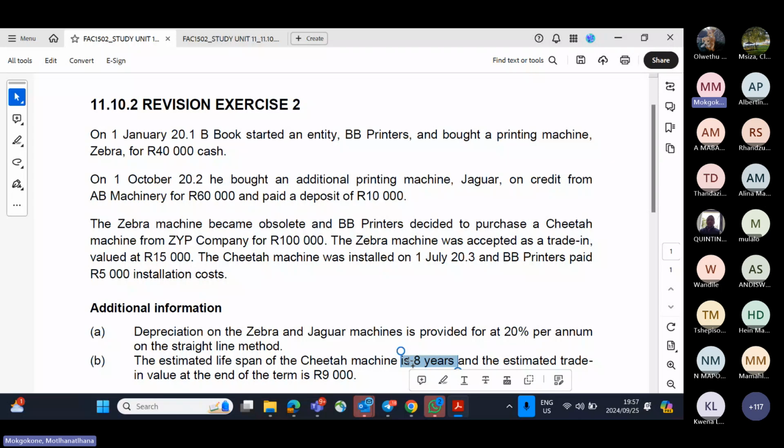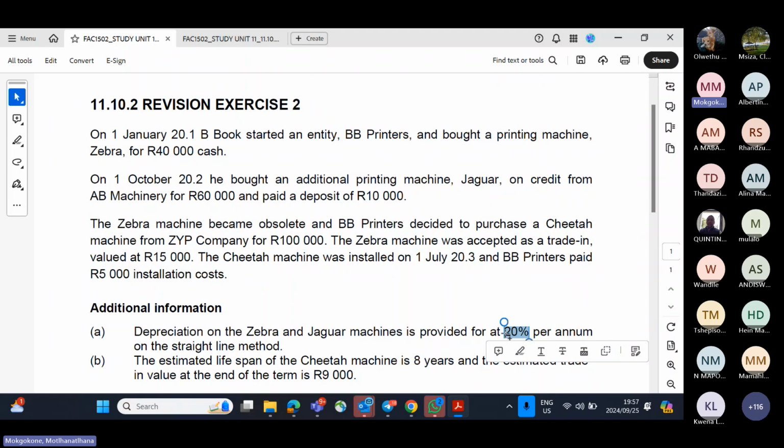Now there is another machine, which is the Jaguar machine. Remember, the Jaguar machine was bought for how much? For 60,000. For the current financial period ended 31st December 20.2, we said 60,000 times 20 over 100, which is the depreciation rate.